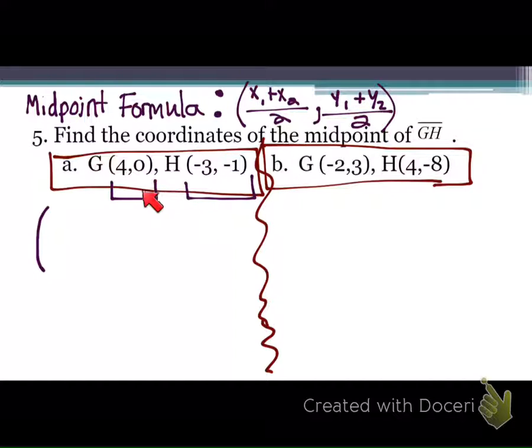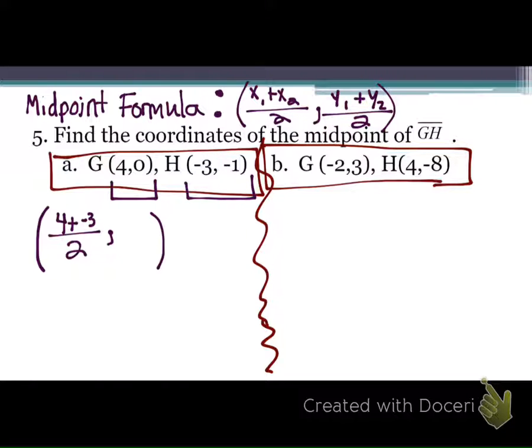What are my two x's in these coordinates? 4 and -3. Good. So I'm going to do 4 plus -3 divided by 2. That's going to be my x.